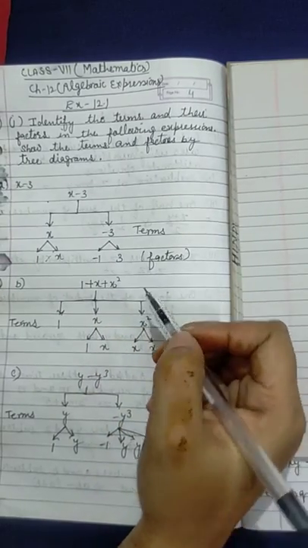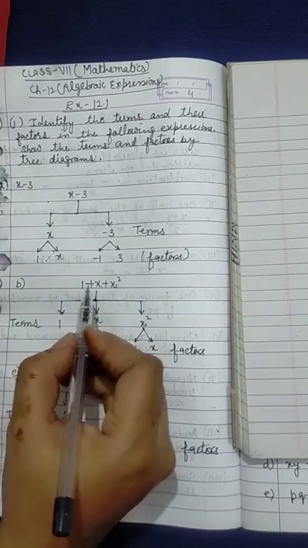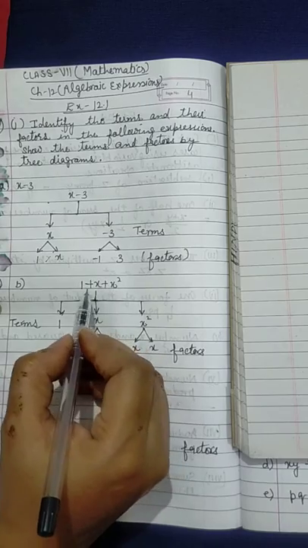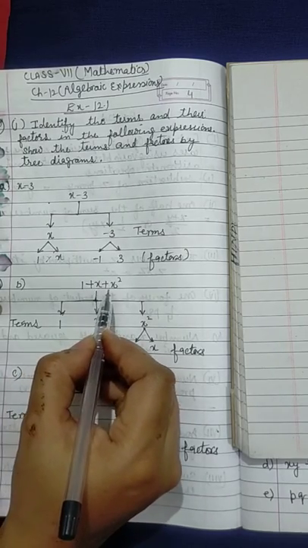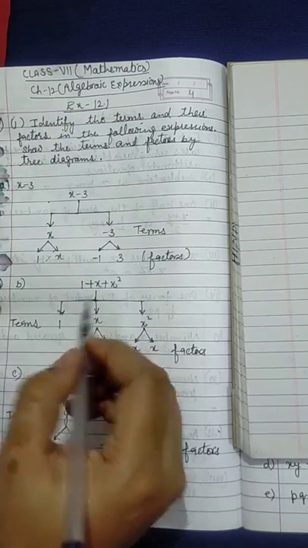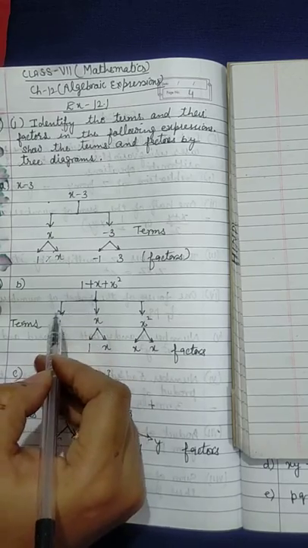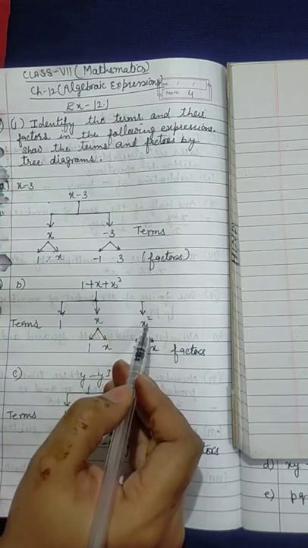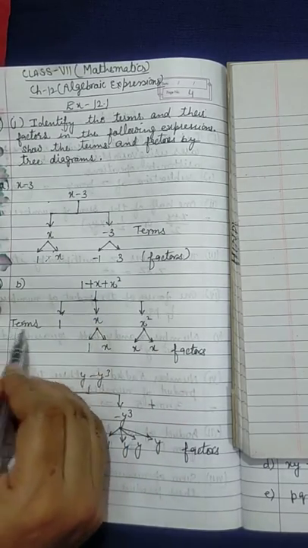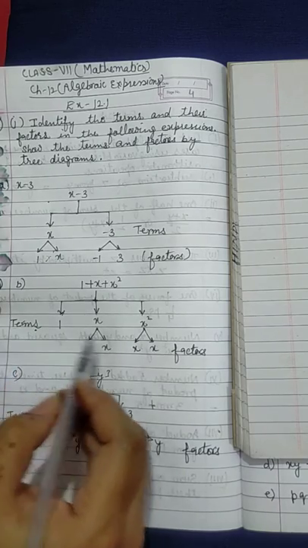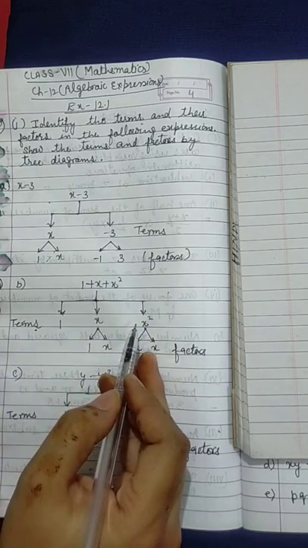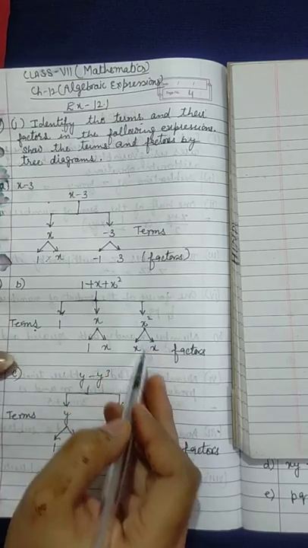Fine. Same here, the B part. Now we have three terms and they have plus signs in between. So first of all we will write the separate terms: this one is 1, this is x and this is x squared. Then we are going to factorize them to show their factors.